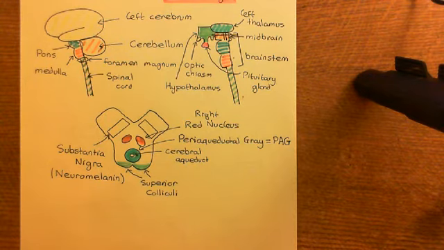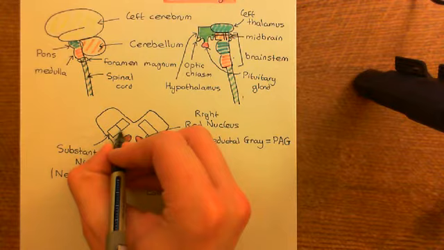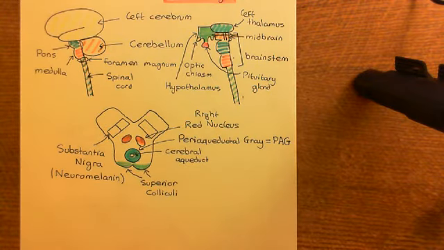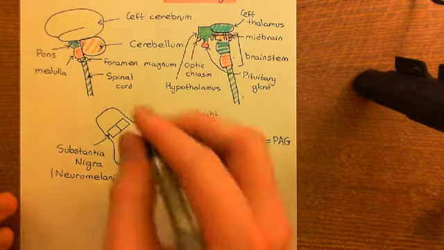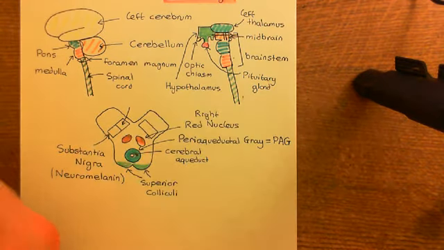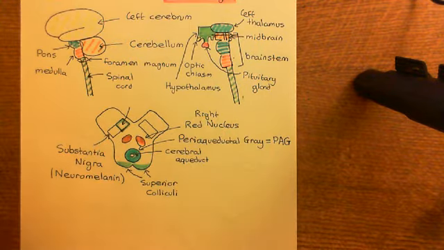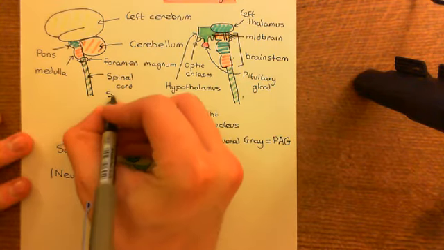Now, the substantia nigra is divided into two portions that have very, very different functions, in fact completely different functions. The medial portion here, which I will highlight in green, is known as the substantia nigra pars compacta.